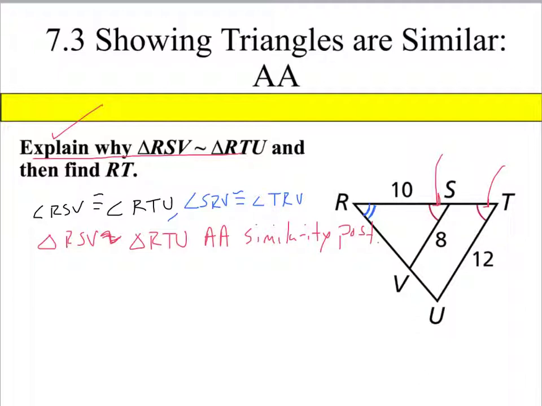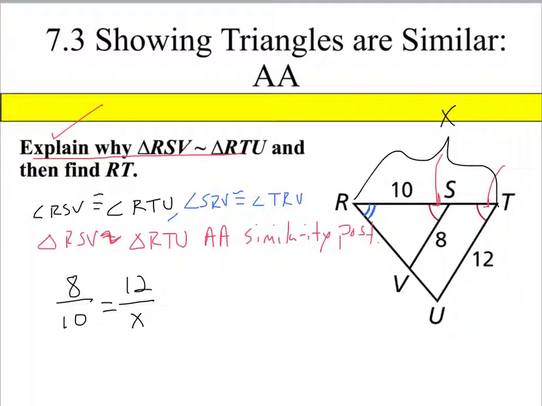So when I look at this, I need to set it up. So again, I am going to set this up as 8 over 10 is equal to 12 over x. Now, how do I know that I can use x? Okay, I can use x because I don't know what RT is. I don't know this entire segment. I know half of it. I know what RS is, but I don't know the entire thing. All right.